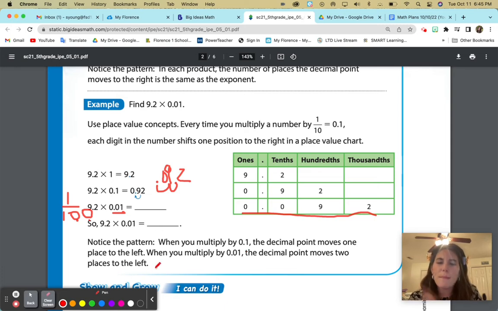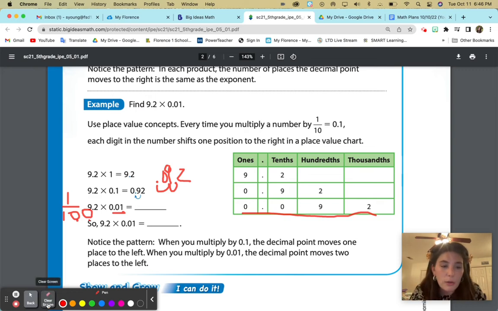When you multiply by 1/10, the decimal point moves one place to the left. When you multiply by 1/100th, the decimal point moves two places to the left. What if you multiply by 1/1,000ths? How many times do you think you'll move to the left? That's right, you'll move 3 times. So, friends, there is a pattern here. There is something that we can use as our little secret and our little trick. But you got to be willing to put it in the noggin.